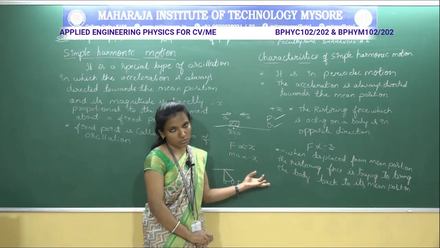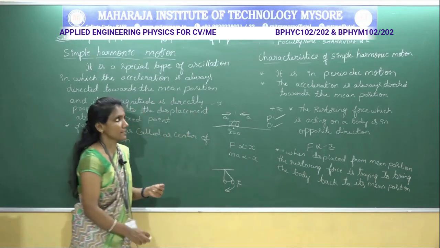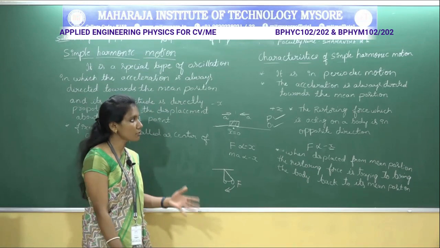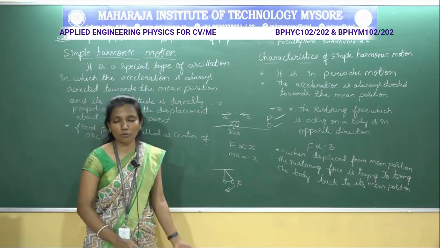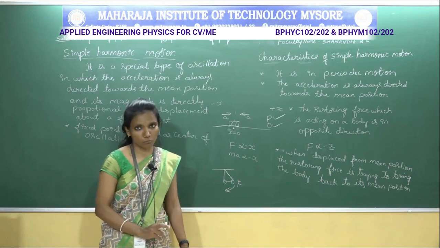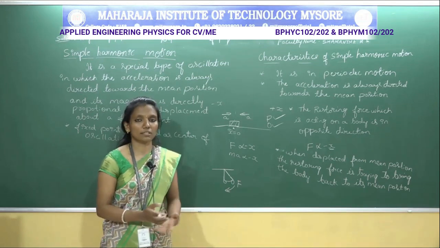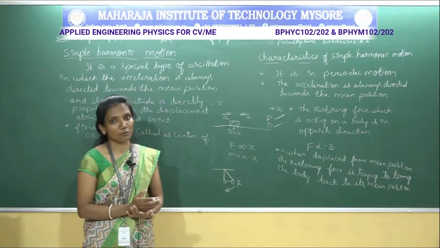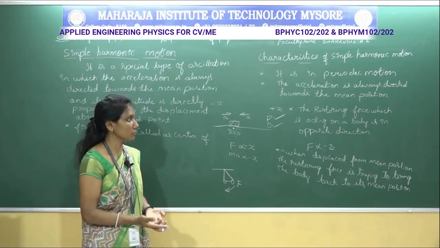These are the characteristics and the definition of simple harmonic motion. Based on that, next we are going to find the differential equation for simple harmonic motion and its solution.